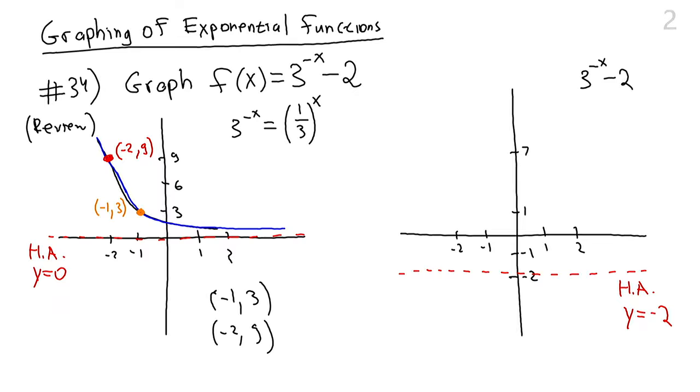So this point, -2, 9, is now the point -2, 7. And the point -1, 3 is the point -1, 1. And with a horizontal asymptote at y equals -2, my function becomes as follows.